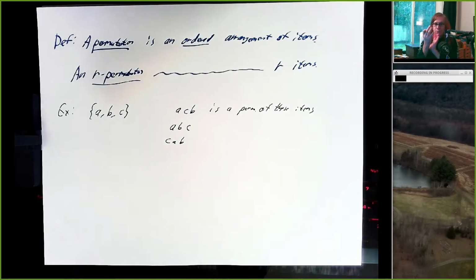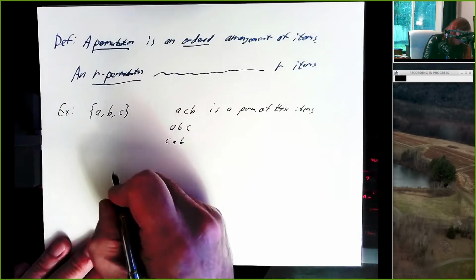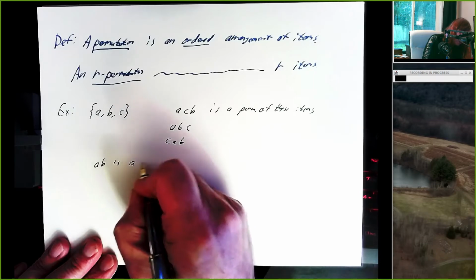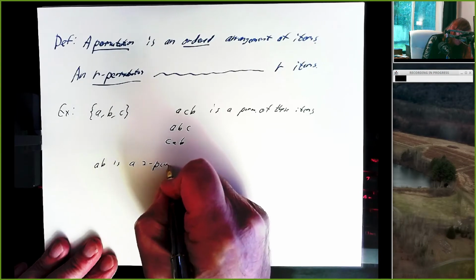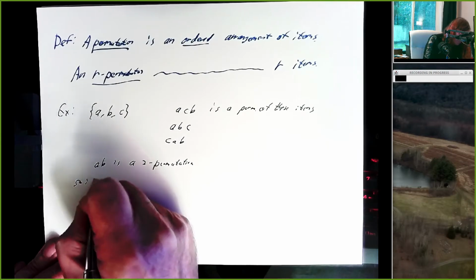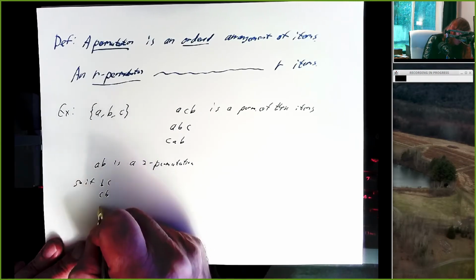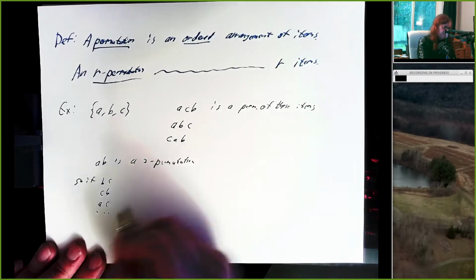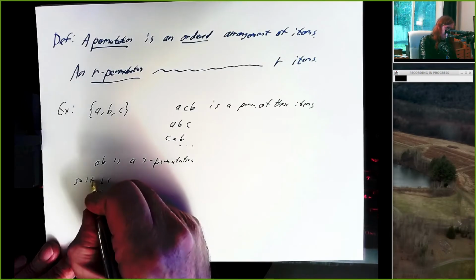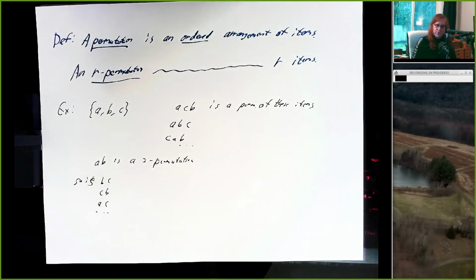So it's an ordered arrangement of items. AB is an example of a two permutation. So is BC, CB, AC, and so on. Any arrangement where the order is significant, we call that a permutation.